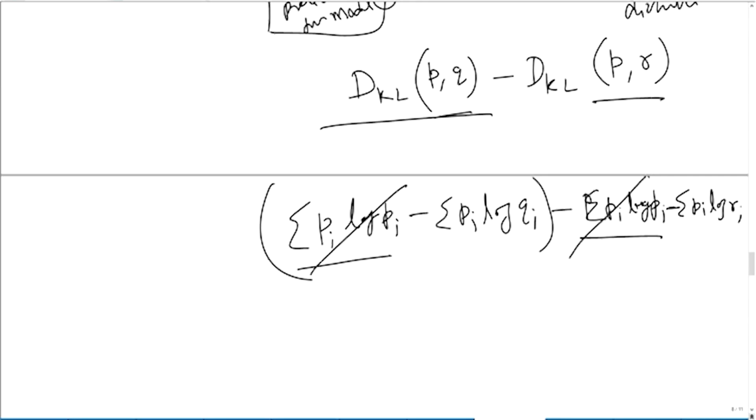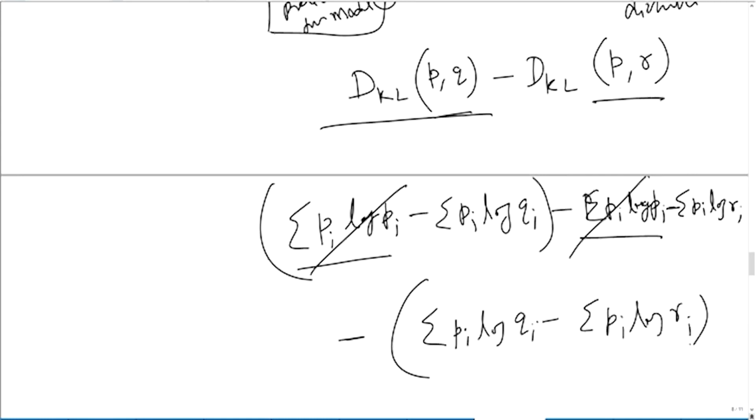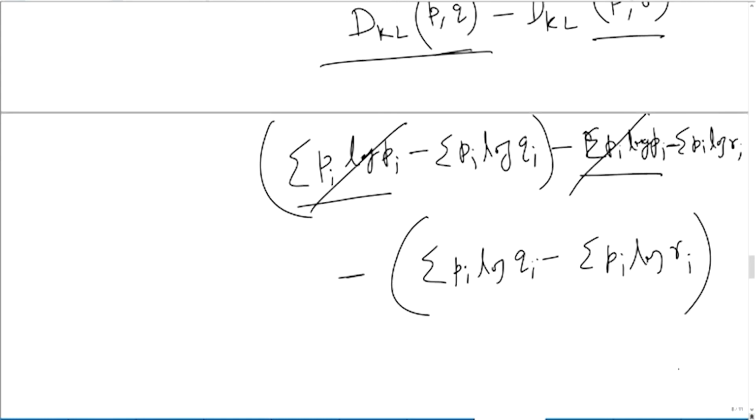So the remaining term that we get is summation P_i log R_i, or you just take the negation, summation P_i log Q_i minus summation P_i log R_i. This is what we get.